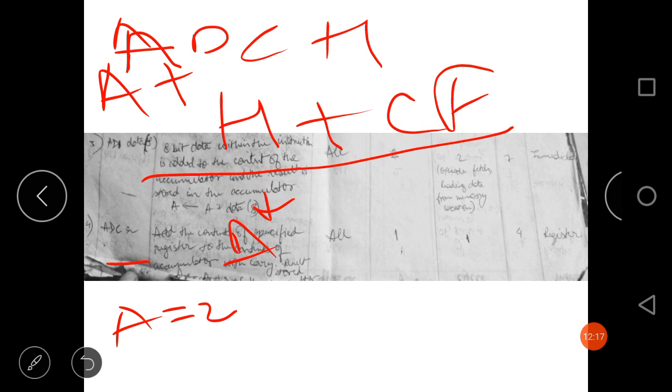Number of T states: obviously the opcode fetch machine cycle has 4 T states, so it will require 4 T states only for the complete execution. And the addressing mode: since for ADC R the operand is the content of a register, or you can say the content of the accumulator, and these are all registers, the addressing mode will be register addressing mode.